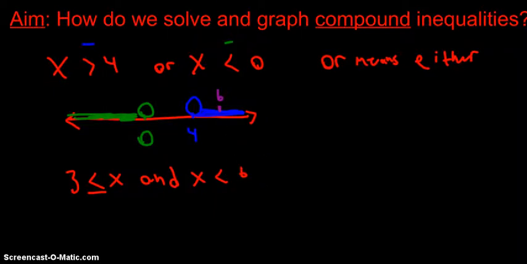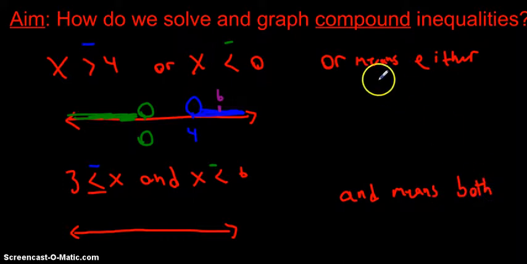Again, we'll do this one in blue and this one in green, just to make this a little easier to follow. Here's our number line. Alright, so or means either, and and means both.